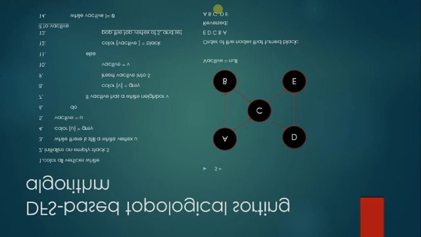For the running time, initializing the in-degree array is O of E, or O of edges, and then initializing Q with in-degree 0 vertices is O of V, or O of vertices.